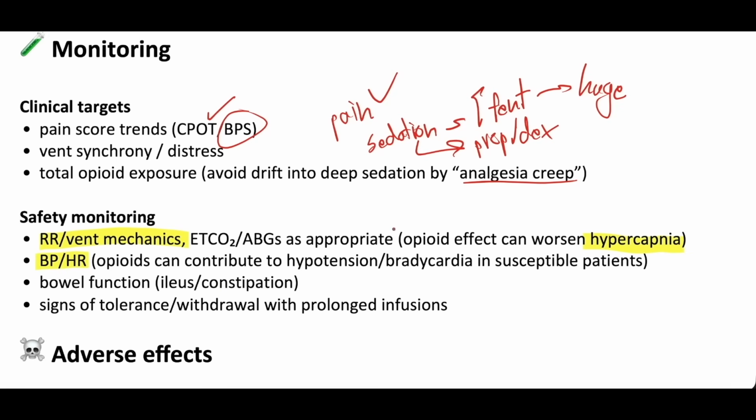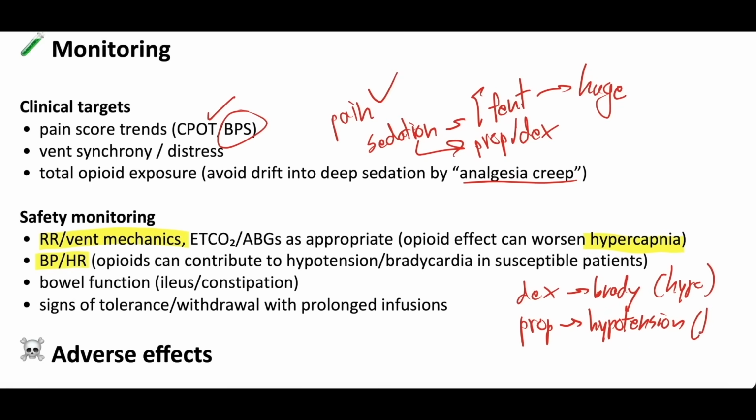It's not nearly as common as with things like Dex, which is classic for causing bradycardia, which we talked about in our Dex episode, or Prop, which is classic for causing hypotension. And the Dex can cause hypotension, although it's not as common, and the Propofol can cause bradycardia, although it's not as common. But fentanyl can cause hypotension, bradycardia, but it's not nearly as common. It's a fairly hemodynamically neutral drug.